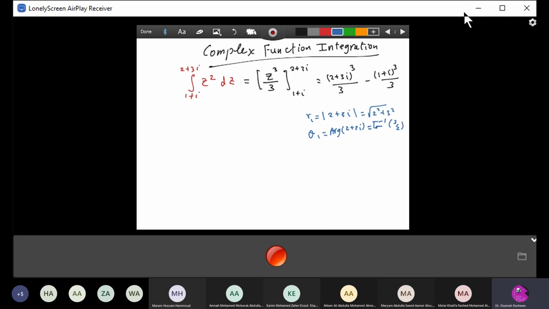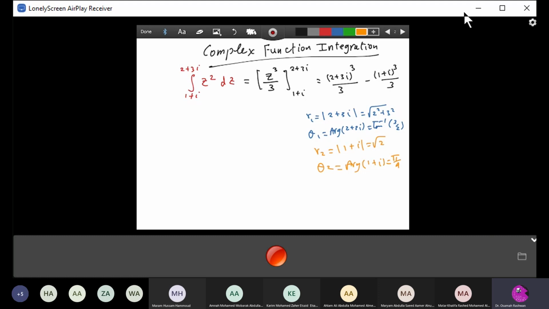Also I'll go for the second one, R2, the magnitude of 1 plus i, which is root 2. And theta 2 is the argument of 1 plus i, which is tan inverse 1 over 1, so pi over 4.